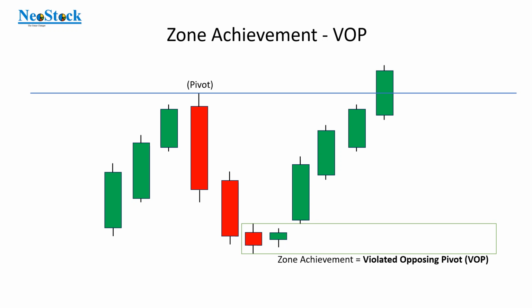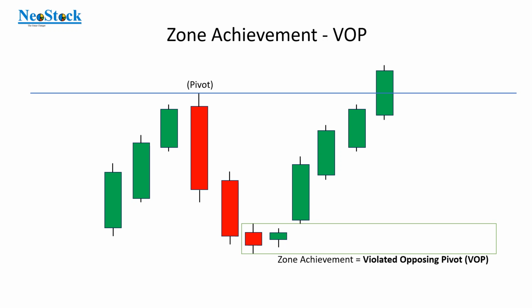But if there is no zone achievement, that means this particular zone has not violated the opposing supply zone or the opposing swing high. In such a situation, we don't know how strong this zone is. We know there is a zone, but we don't know how strong the zone is. That's why such zones not having any achievement are called uncertain zones.